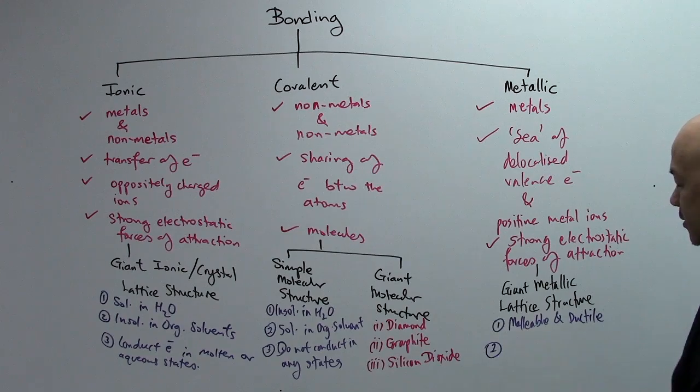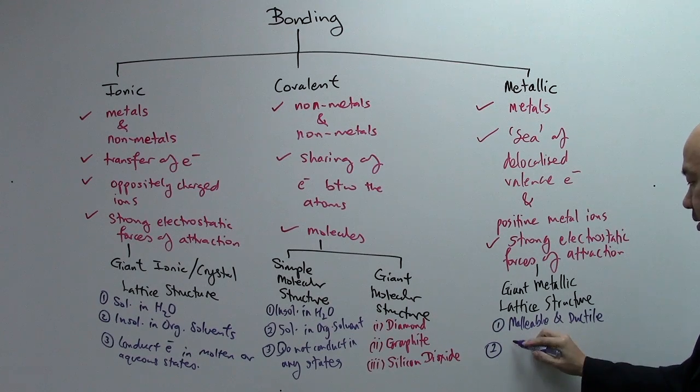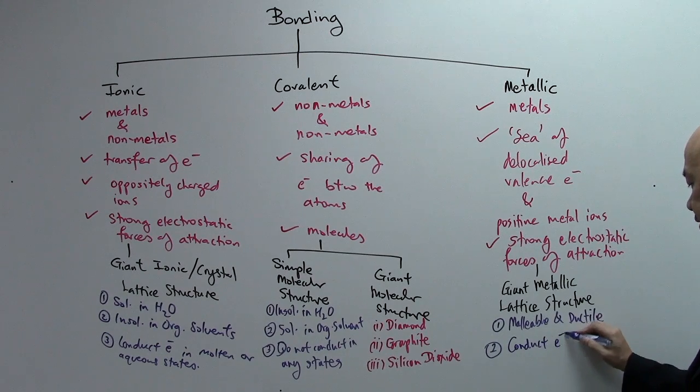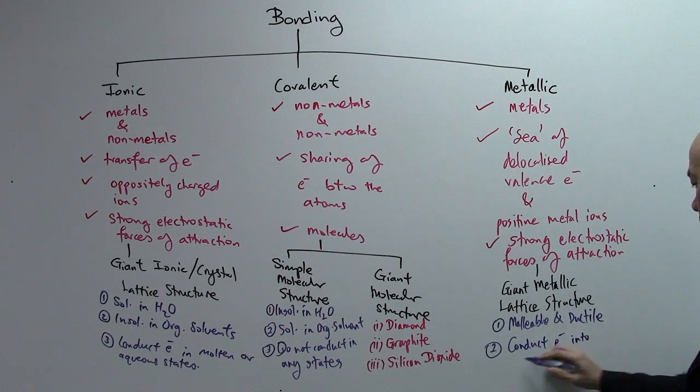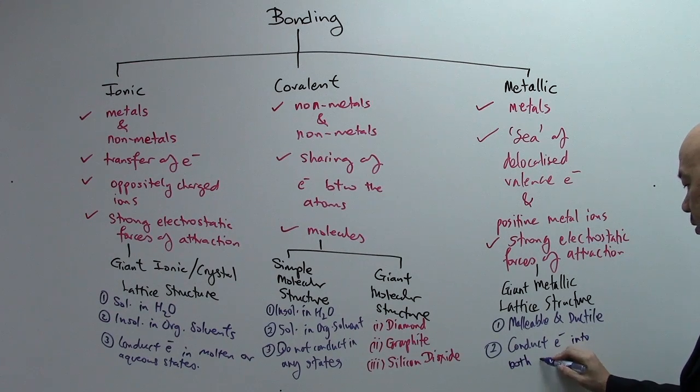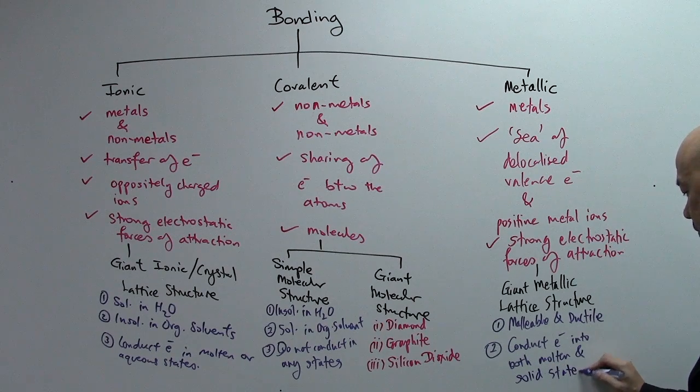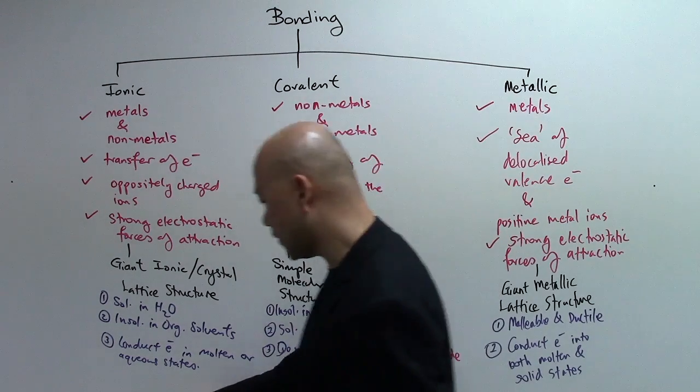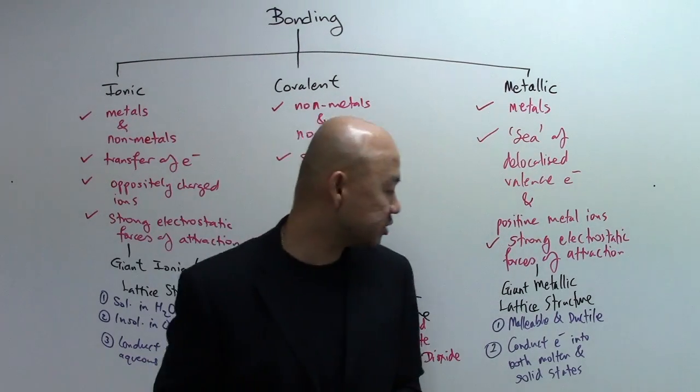Second property is conductivity. So metals conduct electricity in both the molten as well as the solid states. So these are the physical properties for the giant metallic lattice structure that you must know.